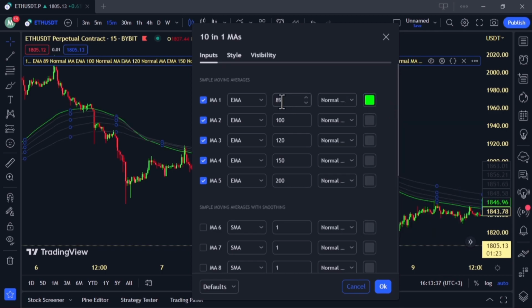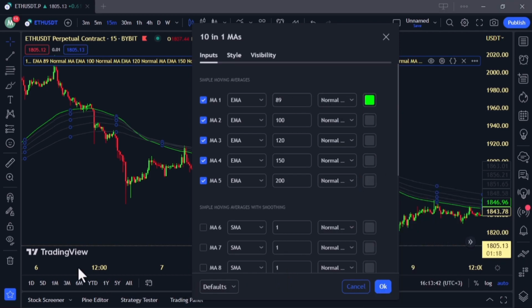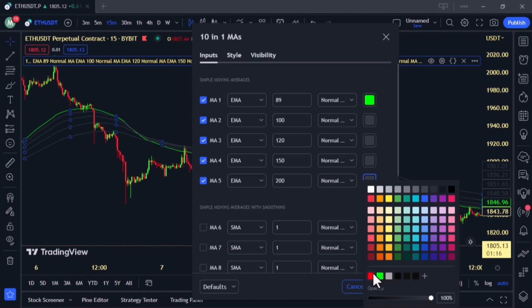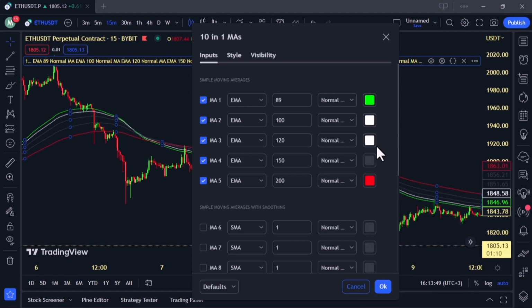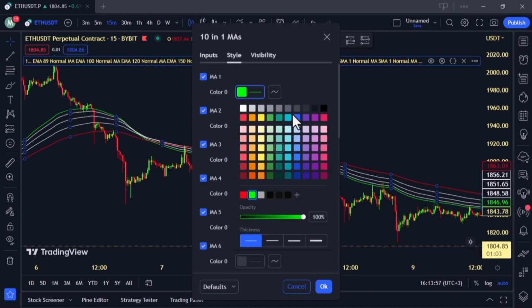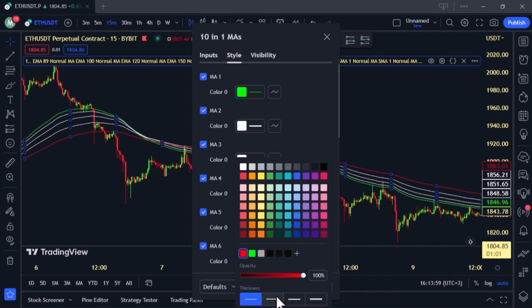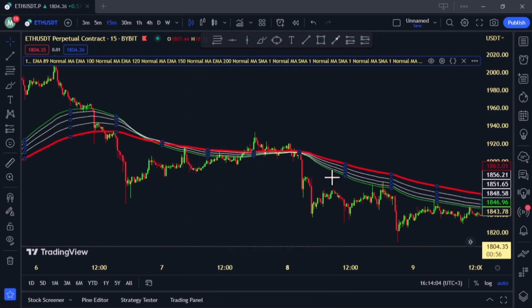The first one, the fastest moving average, is going to be green for me, and the smoothest one is going to be red, and the ones in between could just be white. I'm going to jump into the style section and change the thickness of the main one to red. And that's it. There you have it.